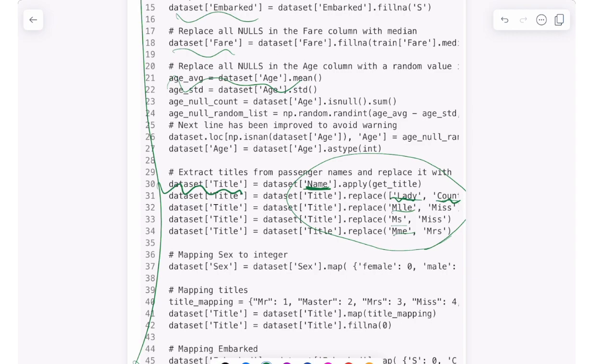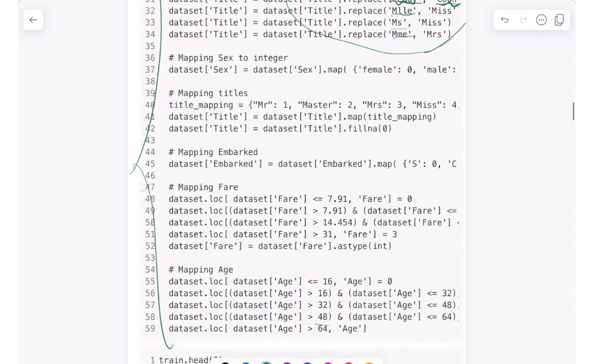So I create this new feature called title based on some string in the name, because in a later analysis I would like to figure out if a passenger who has a title will have a higher survival rate, something like that.